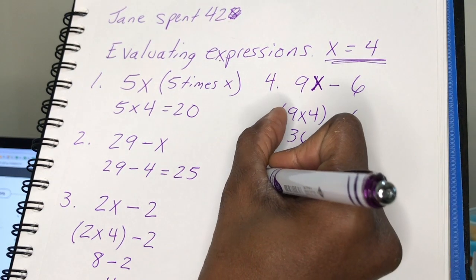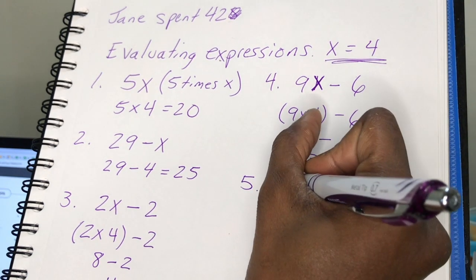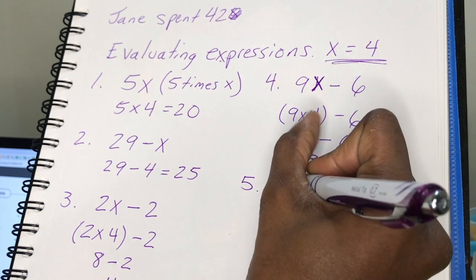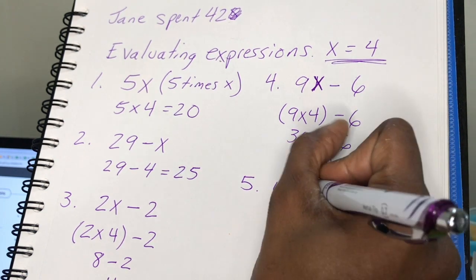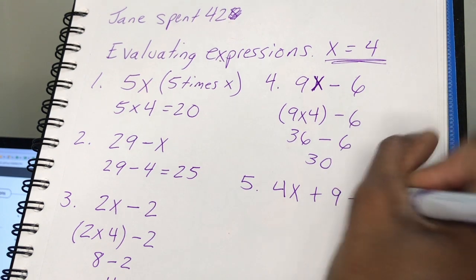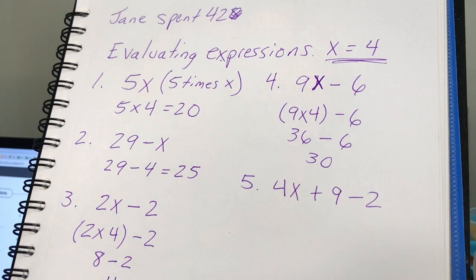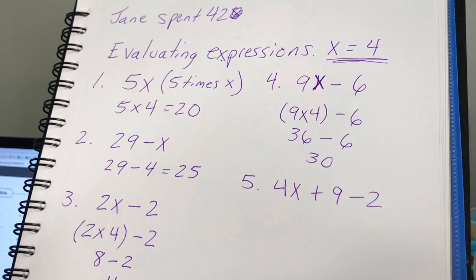Right, I'll do one more. Let's say 4x plus 9 minus 2. Okay, so I cranked it up a bit. Now you have multiplication, addition, and subtraction. So remember, x is still 4.